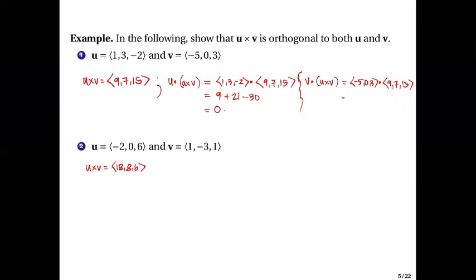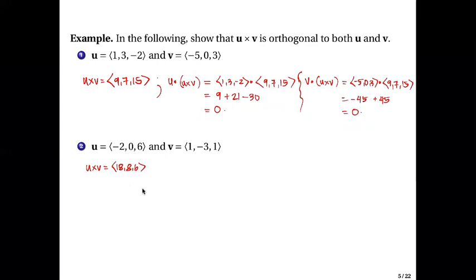So what do we get? Negative 5 times 9, that's negative 45. Then 0 times 7, that's 0. And then 3 times 15, that's 45. So this is equal to 0. So at least for this example, we have shown that U cross V is orthogonal to both U and V.